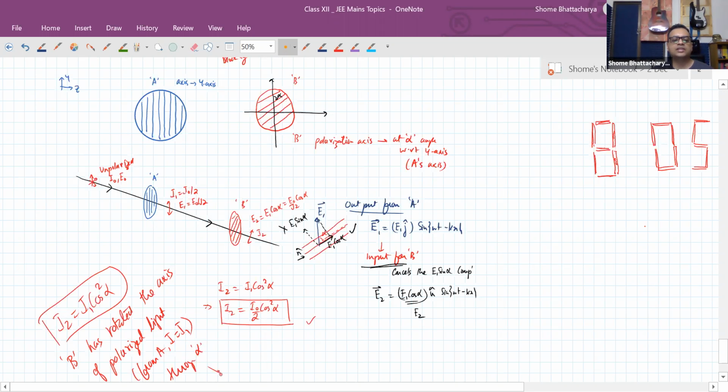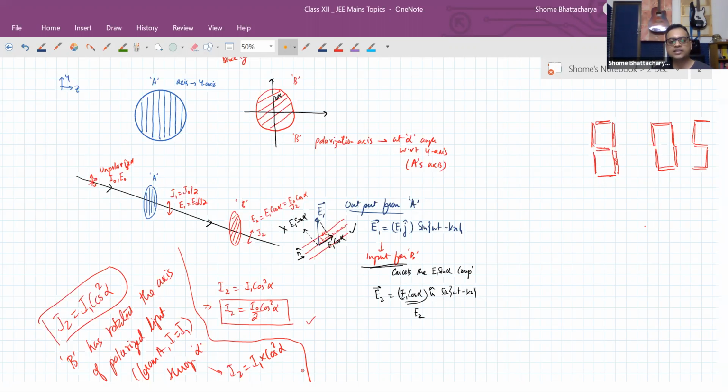In the process, the intensity becomes I1 multiplied by cos square alpha. I naught, of course, was unpolarized light. But if you start with polarized light of intensity I1 and rotate its axis of polarization by alpha, the intensity reduces by a factor of cos square alpha.